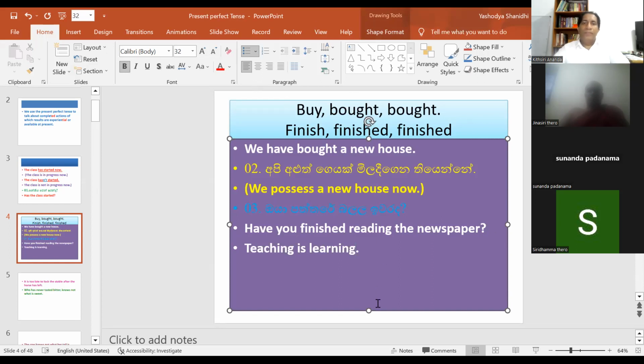Now, teaching is the subject, is the verb, learning is the object. So this is an example where we use gerund. You can say learning English is very easy. Coming to your place is not very difficult. Collecting stamps, riding bicycles are my hobbies.